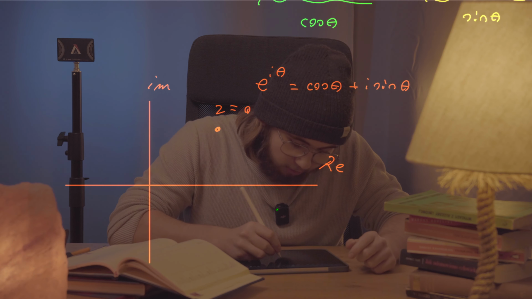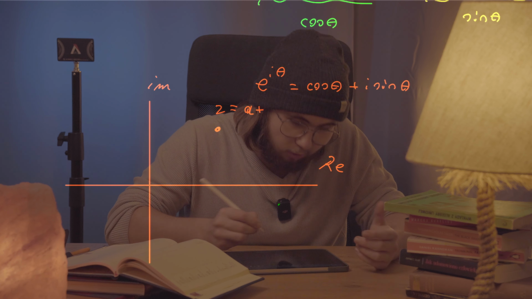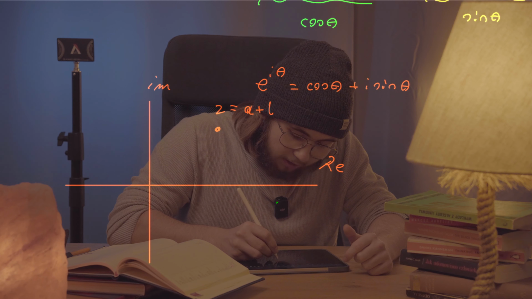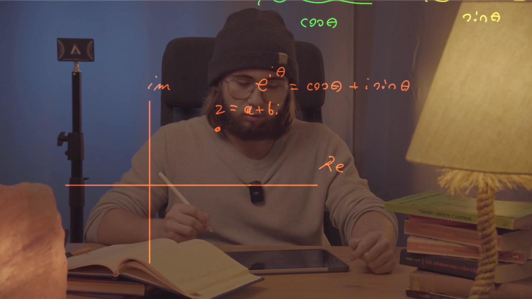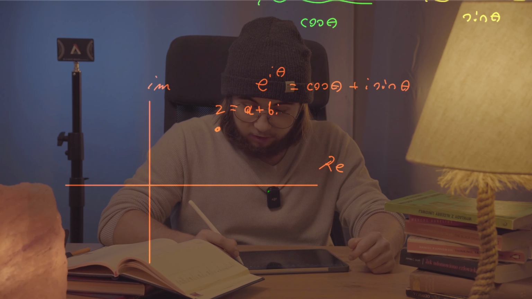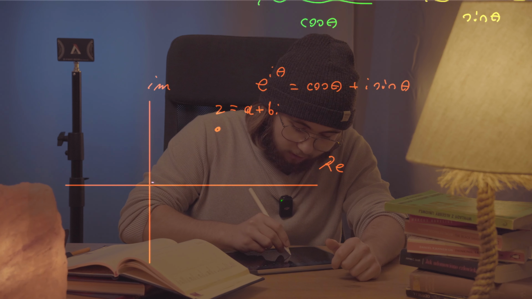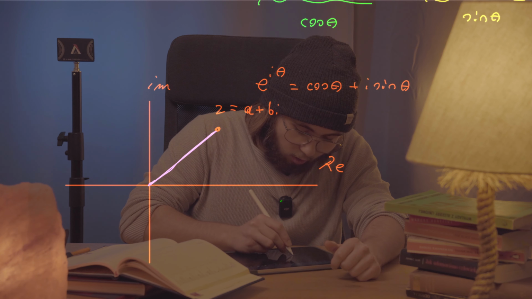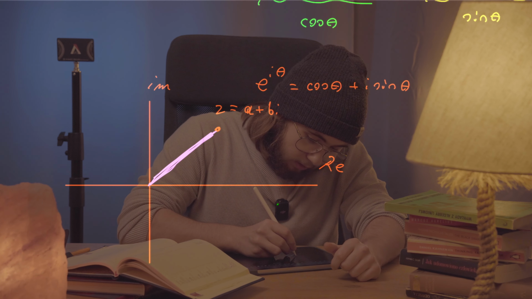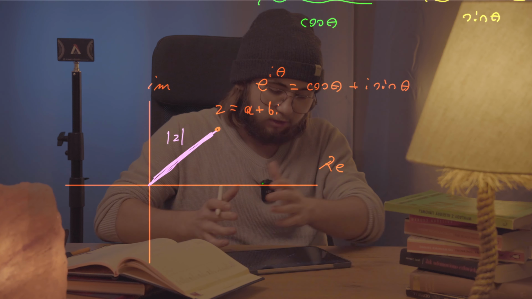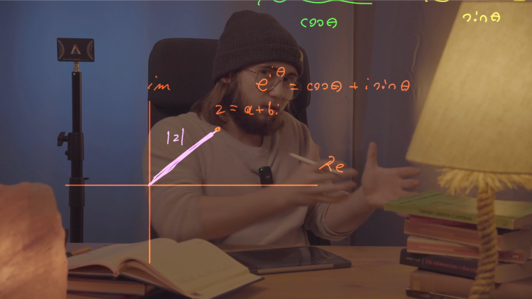It's gonna be equal to some a multiplied by just a 1, so the real unit, plus b multiplied by the complex unit, which is i. So we see that if I were to mark the distance that connects this point with the origin, this is going to be the absolute value of z. So the distance from z to the origin in the complex plane.